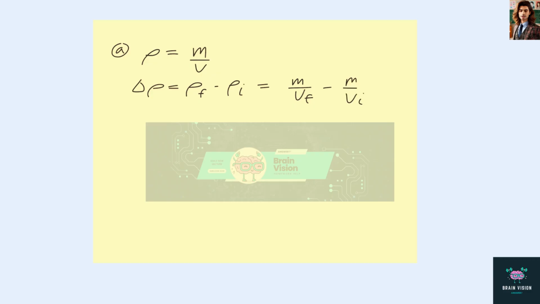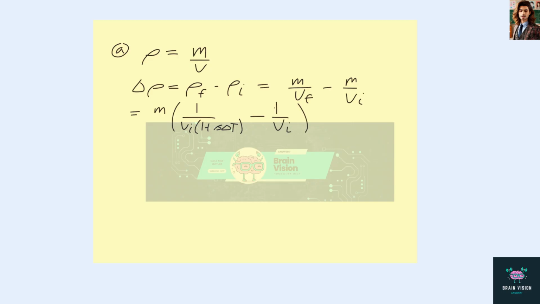We also know the volume expansion equation, right? So this becomes m times 1 over Vi(1 plus beta delta T) minus 1 over Vi.